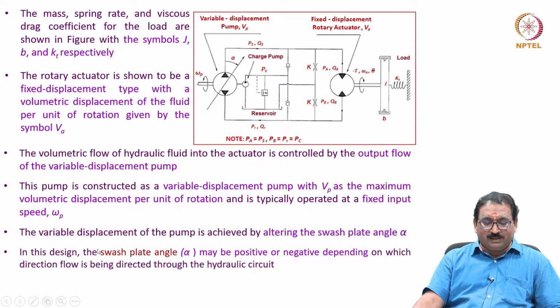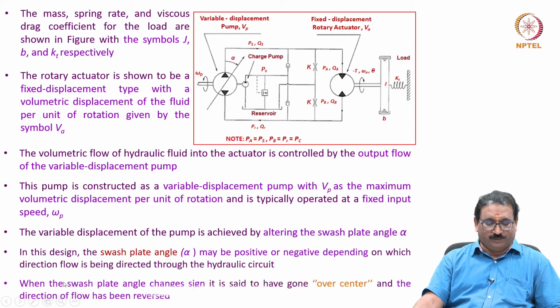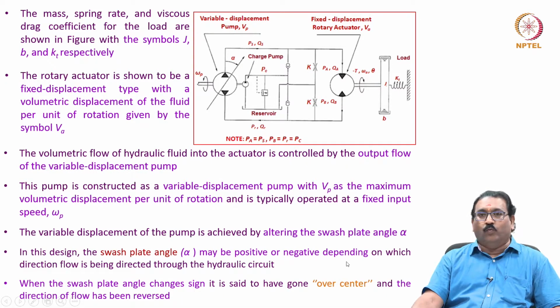In this design, the swash plate angle alpha may be positive or negative depending on which direction flow is being directed through the hydraulic circuit. When the swash plate angle changes sign, it is said to have gone over center and the direction of flow has been reversed.